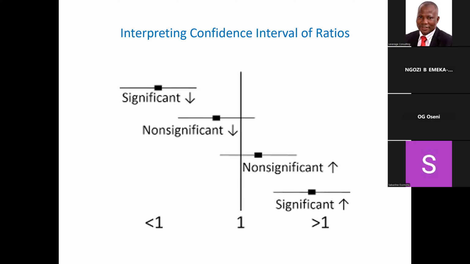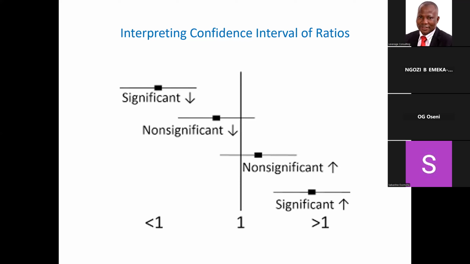But the second one, yes, the relative risk is still less than 1. But the confidence interval ranges from less than 1 to greater than 1. It has crossed 1. So it's not significant. That shows that what you see is just by chance. The third one, yes, the relative risk is greater than 1.